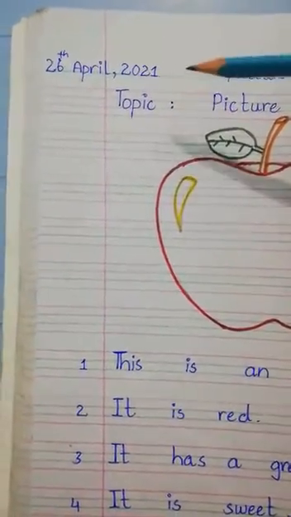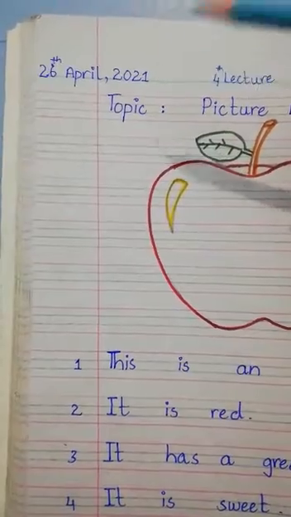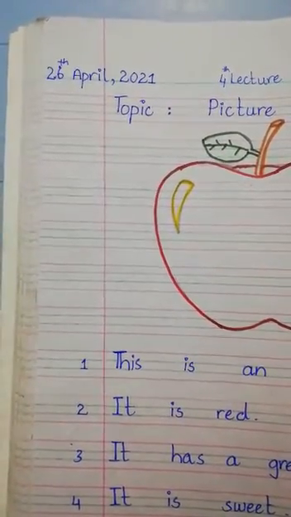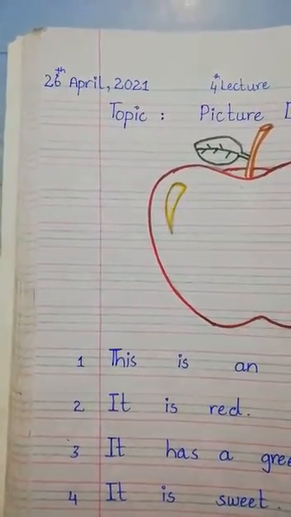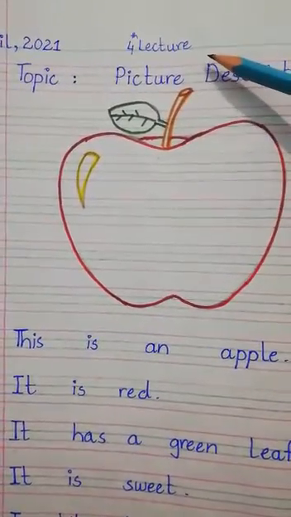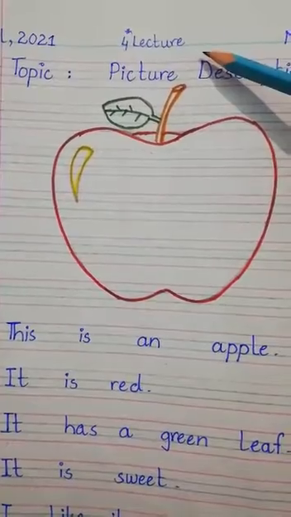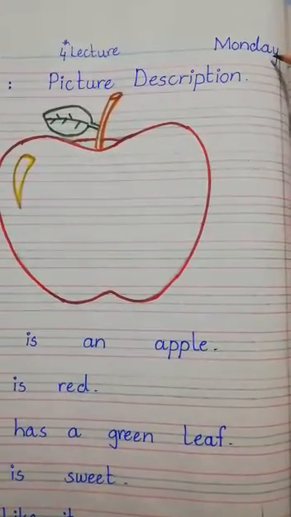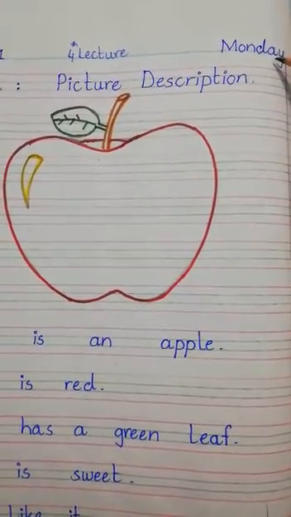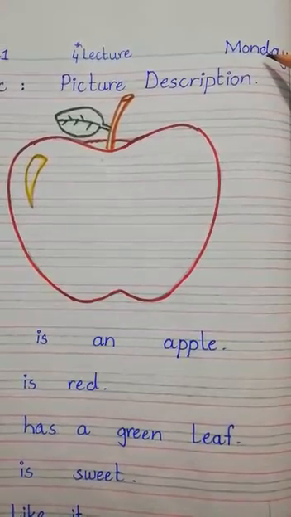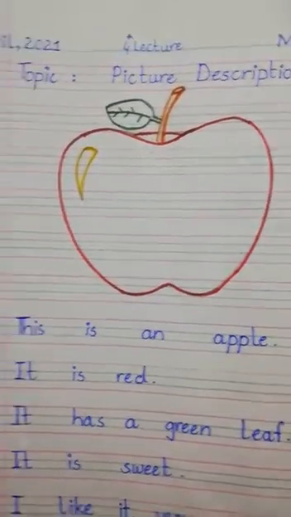Okay, first of all, what you have to do, you have to draw a margin line like this. Okay, you have to draw a margin line first. Then you will write date over here. What is the date today? 26th April 2021.